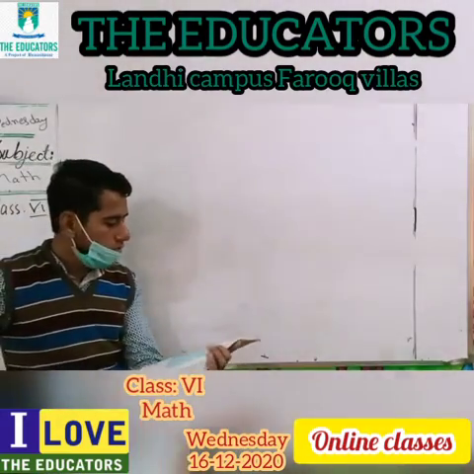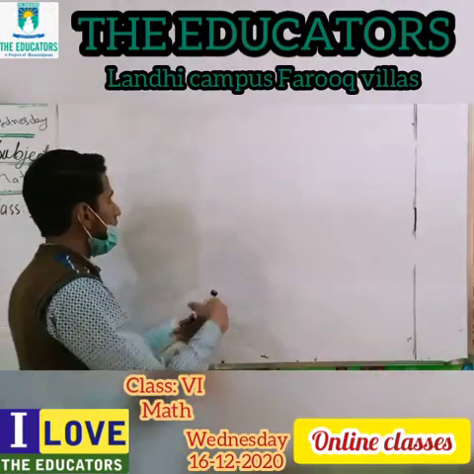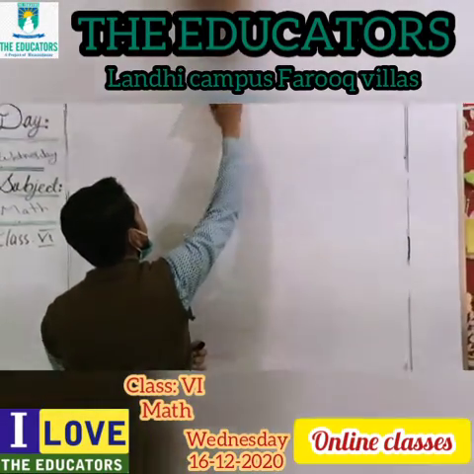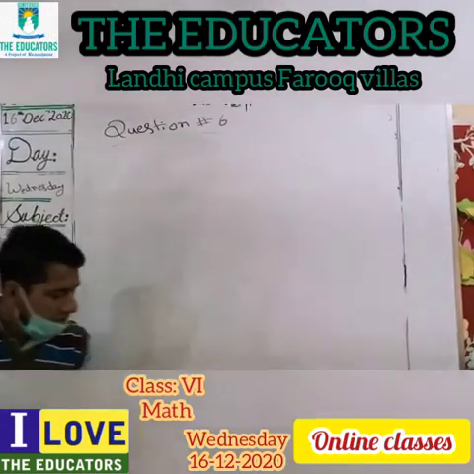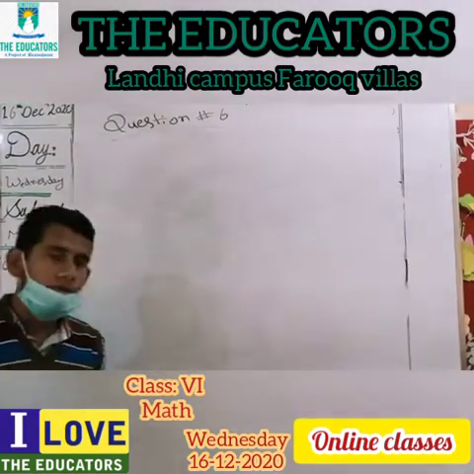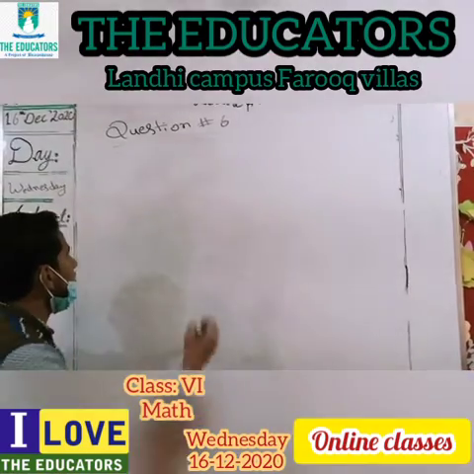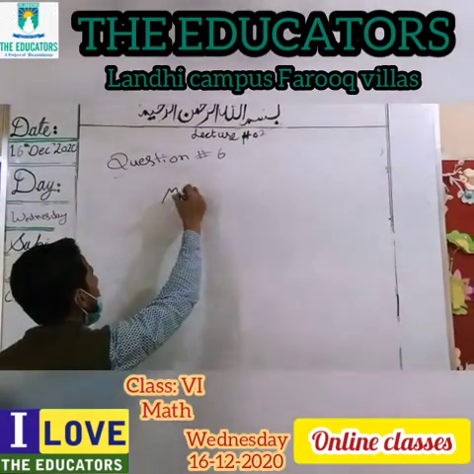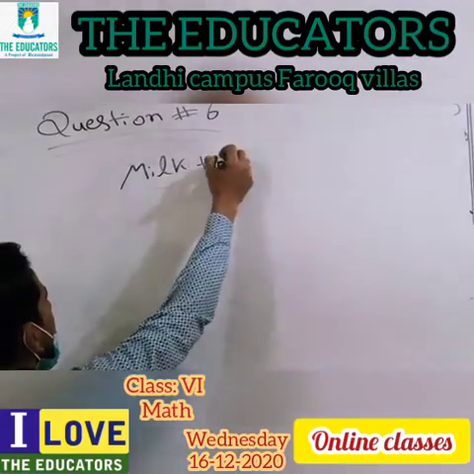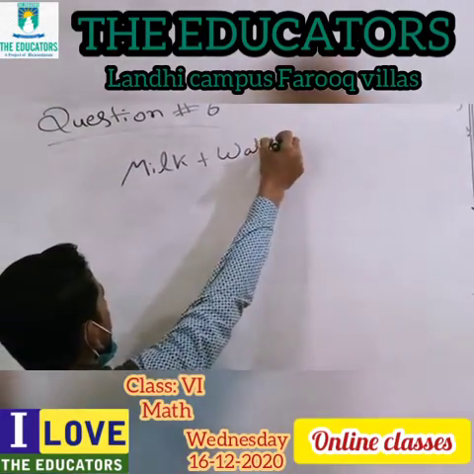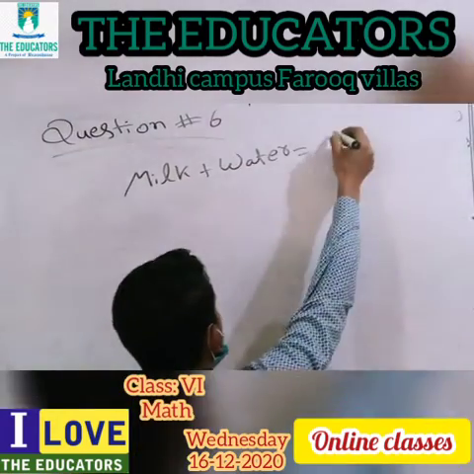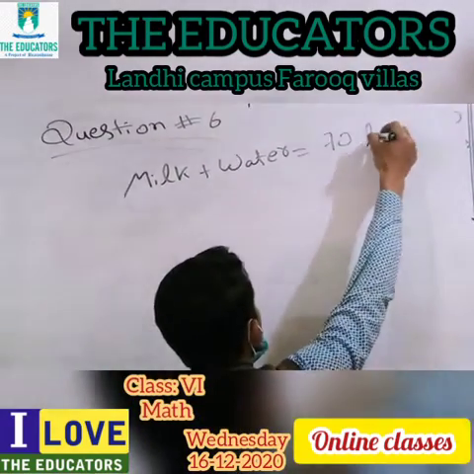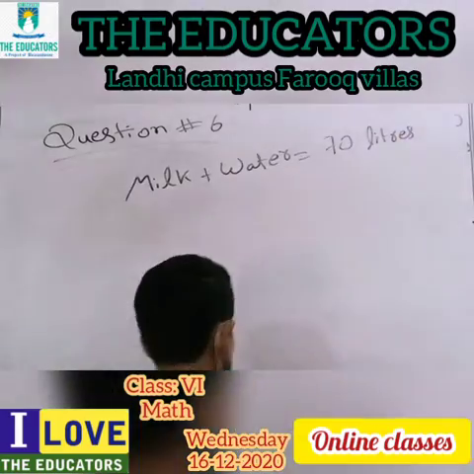Now here in question number 6, what do they ask us? In 70 liters of a mixture of milk and water. So a mixture of milk and water means milk plus water, their mixture is 70 liters.